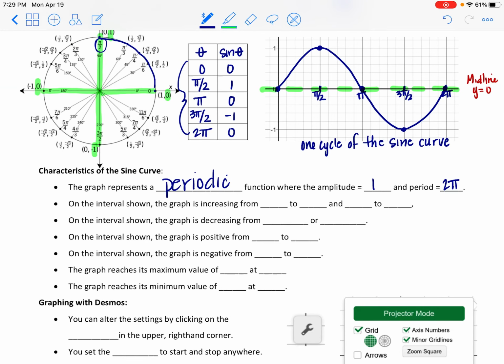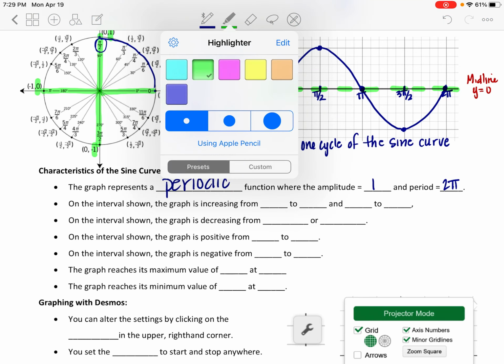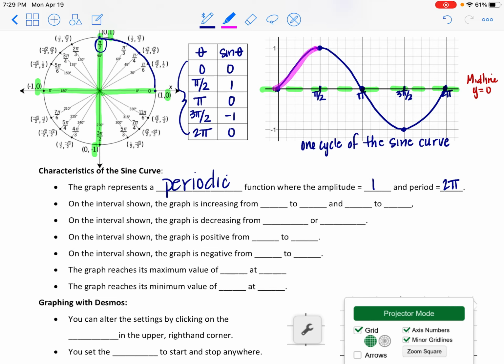Now, in the interval that we're looking at here, again, that's the interval from 0 to 2 pi, we have two pieces of graph that are increasing. So this part of the graph is increasing, and then this part of the graph is increasing. So we would say that it's increasing from 0 to pi over 2. And it's also increasing from 3 pi over 2 to 2 pi.